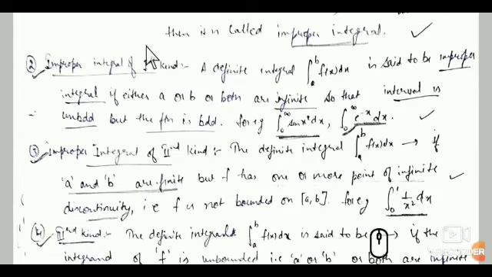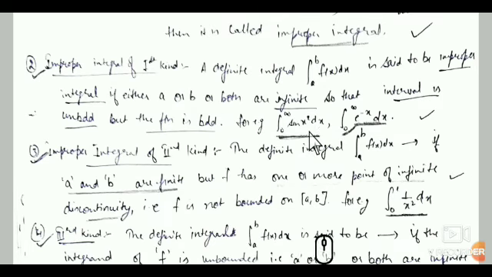Here there are three types of improper integral. First of all, a definite integral, integration of a to b f(x) dx, is said to be an improper integral of the first kind if either a or b or both are infinite. So that interval is unbounded but the function is bounded.